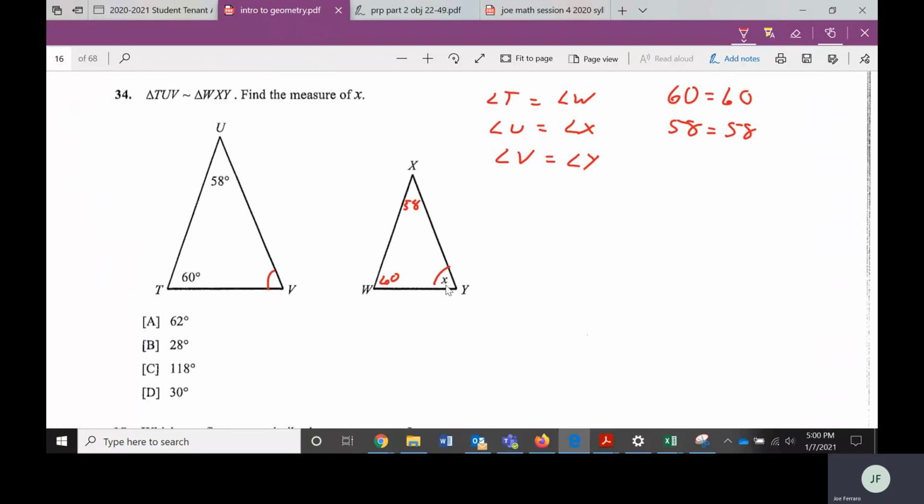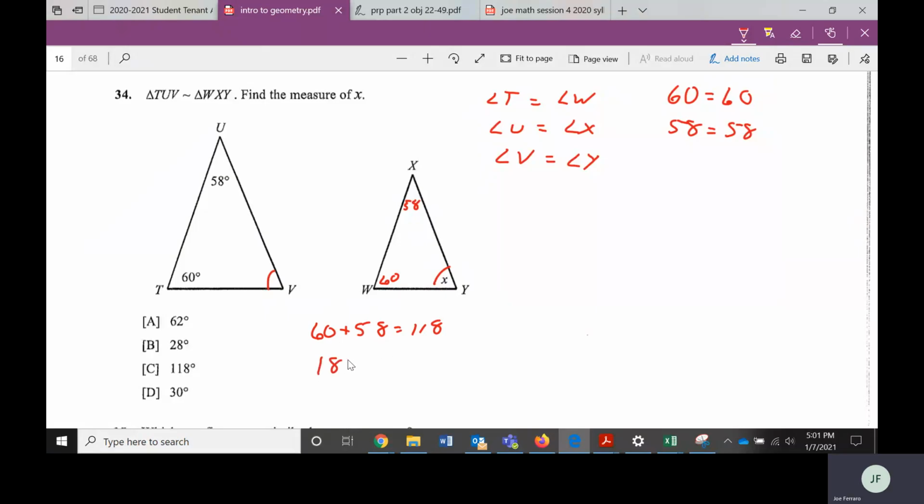Now, I think this is the bad part of this problem. They shouldn't use a little x to name the corner of y. They should have called this angle y, or measure of y. But anyways, the way you find this out in either triangle, because they're both the same angles, is you have to remember there's 180 degrees in a triangle. So if you take the two angles you know, they add up to 118.